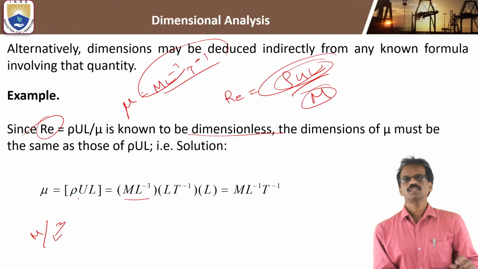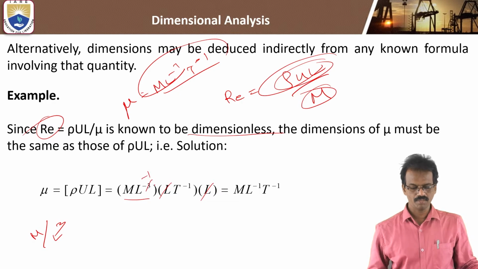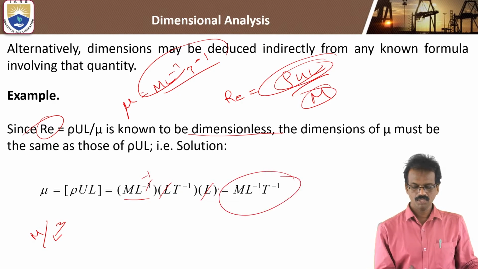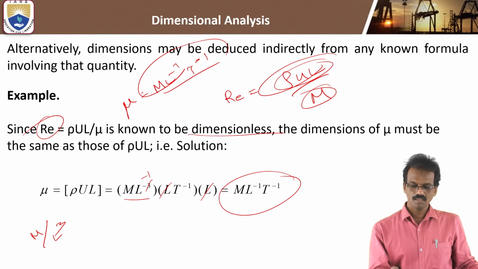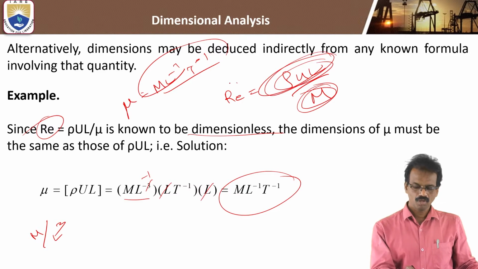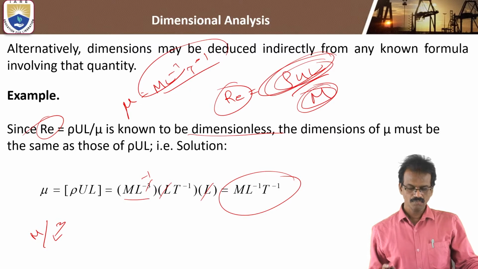If you solve this one, you can write M L minus 1 T minus 1. So it means the denominator dimensions are equal to the numerator dimensions. So Re is a dimensionless number. So there is no influence of that one.